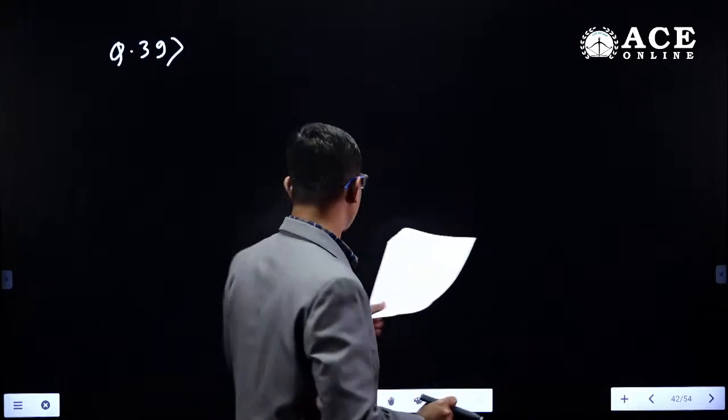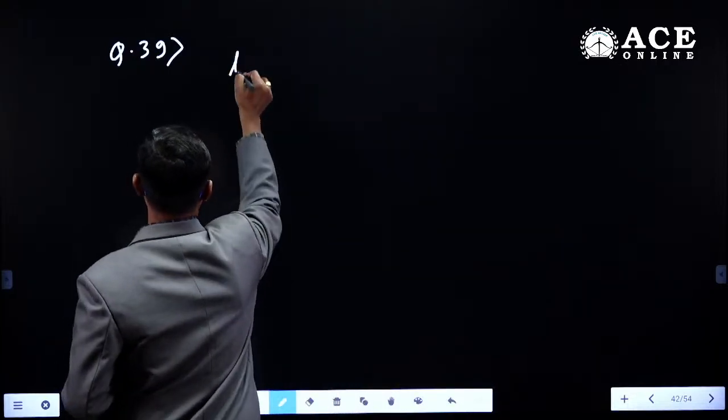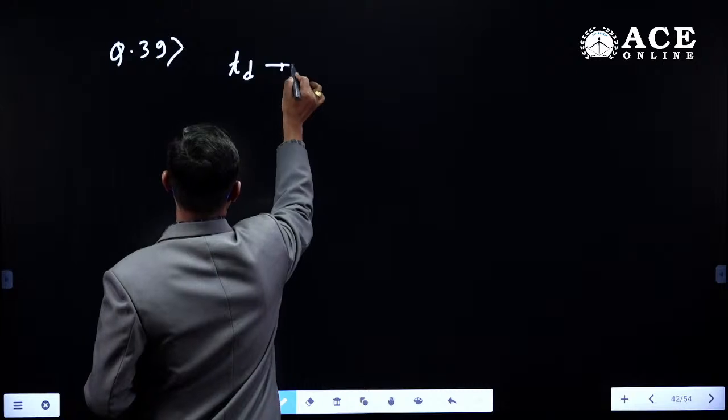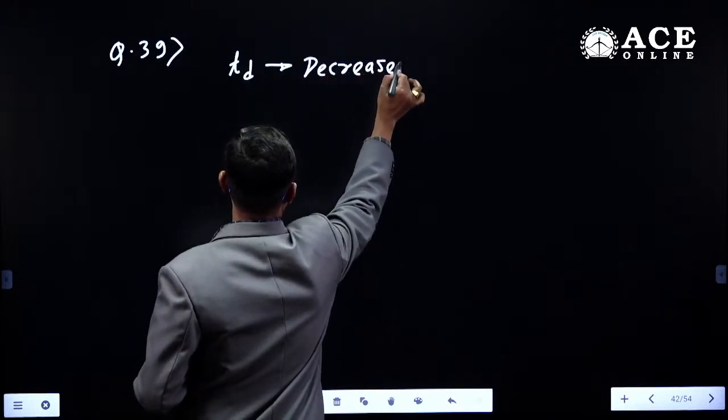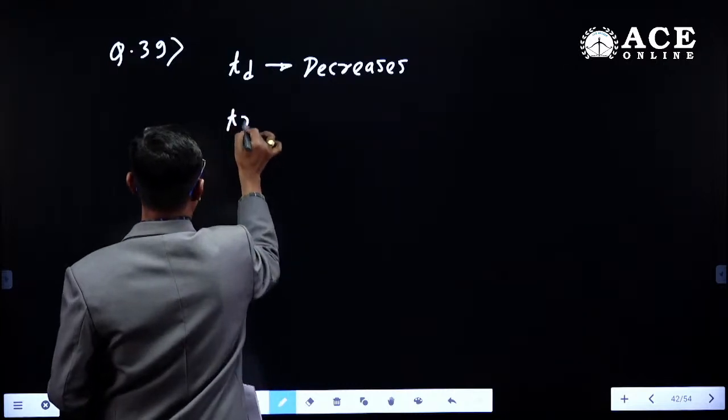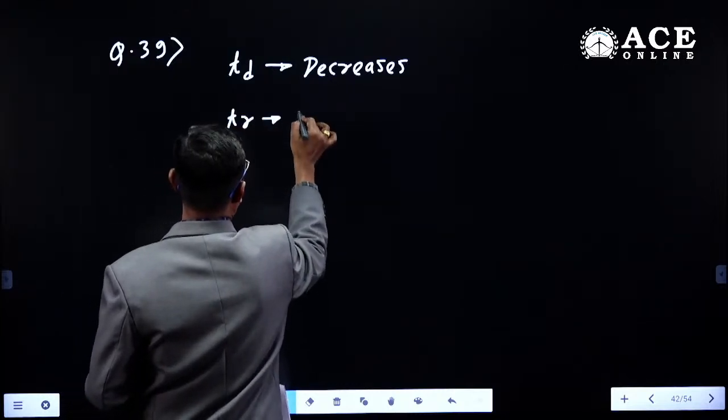Okay, so let me write here. The delay time TD decreases, whereas TR remains unaffected.